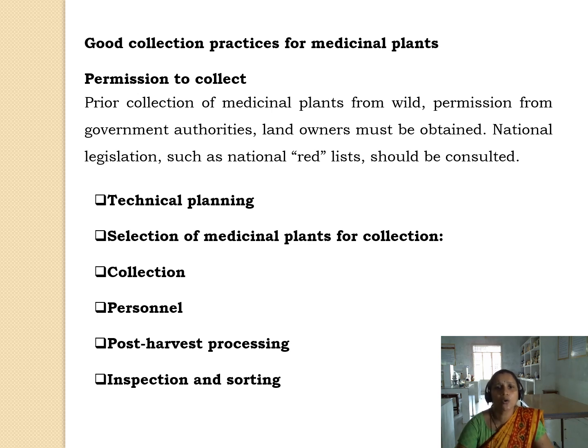And when we talk about post-harvest processing, regarding inspection and sorting, the raw plant material should be visually inspected for cross contamination and the presence of foreign matter. Organoleptic evaluation prior to primary processing has to be done. All processed medicinal plant material should be protected from contamination and decomposition as well as from pests.